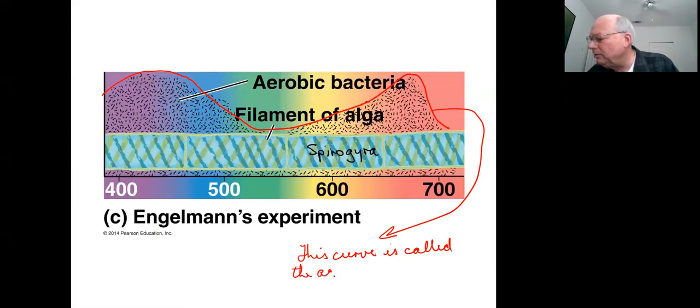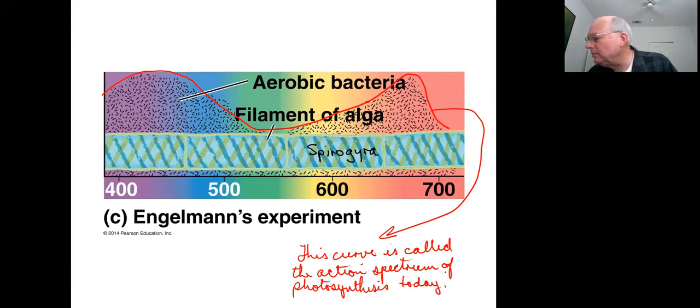It's called the action spectrum. And it reflects the role of the different wavelengths of light in driving photosynthesis.